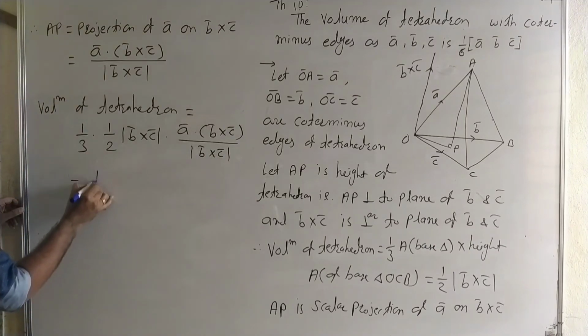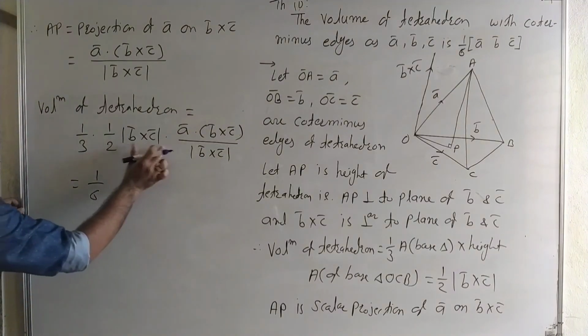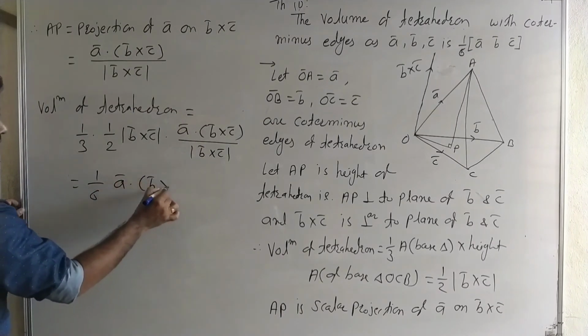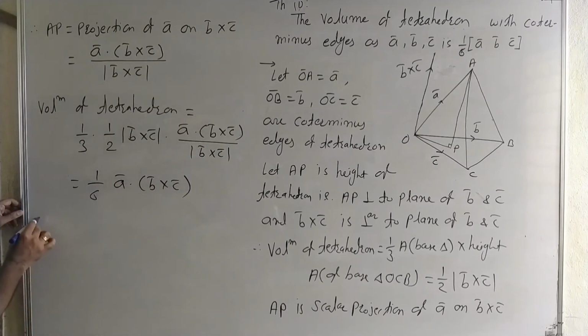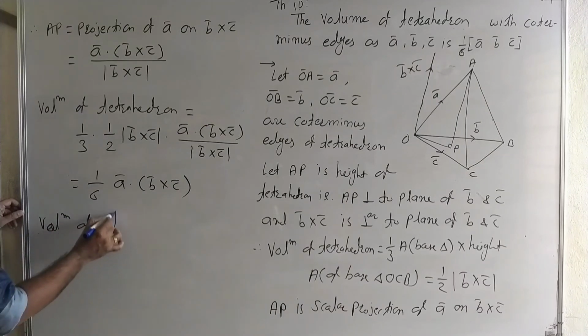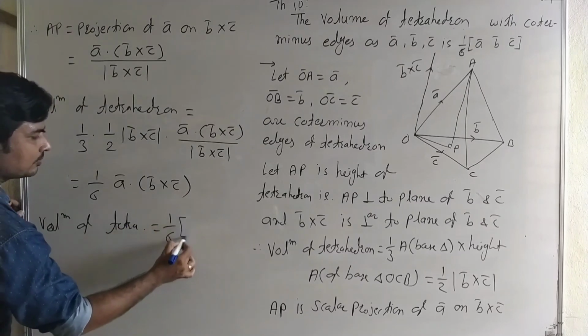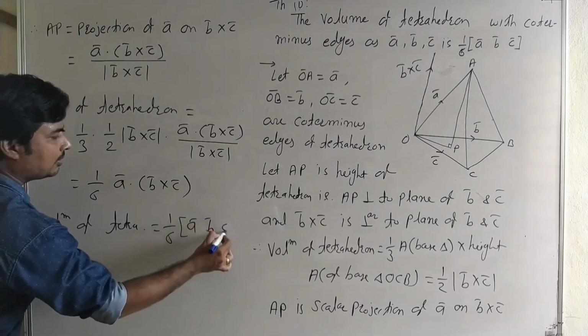Then it is 1 by 6, magnitude of B bar cross C bar cancels, and it is A bar dot B bar cross C bar. Therefore volume of tetrahedron is equal to 1 by 6 triple product of A bar, B bar and C bar.